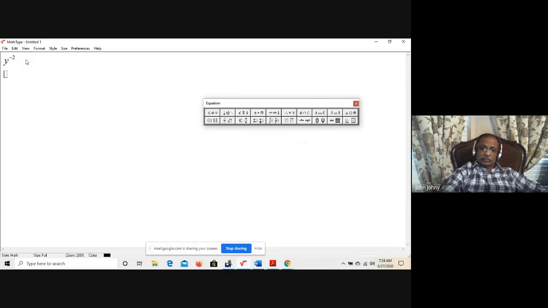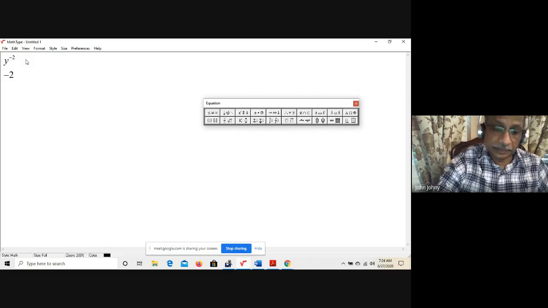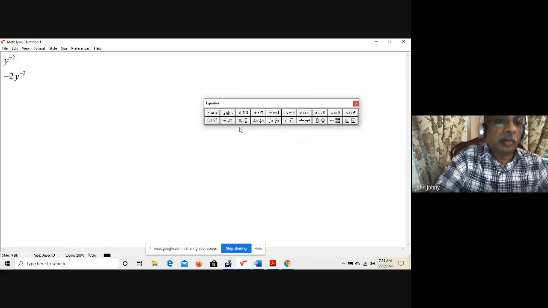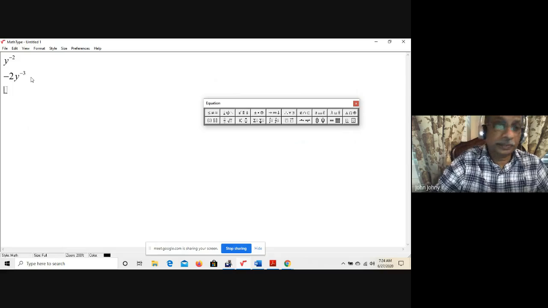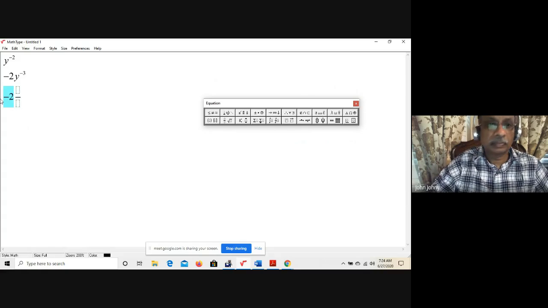You get negative 2 y to the negative 3, which is the same as negative 2 over y cubed.